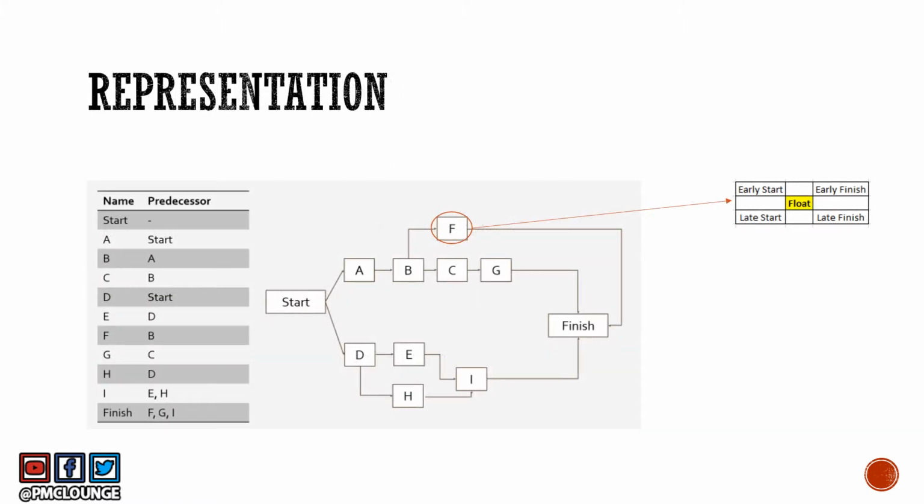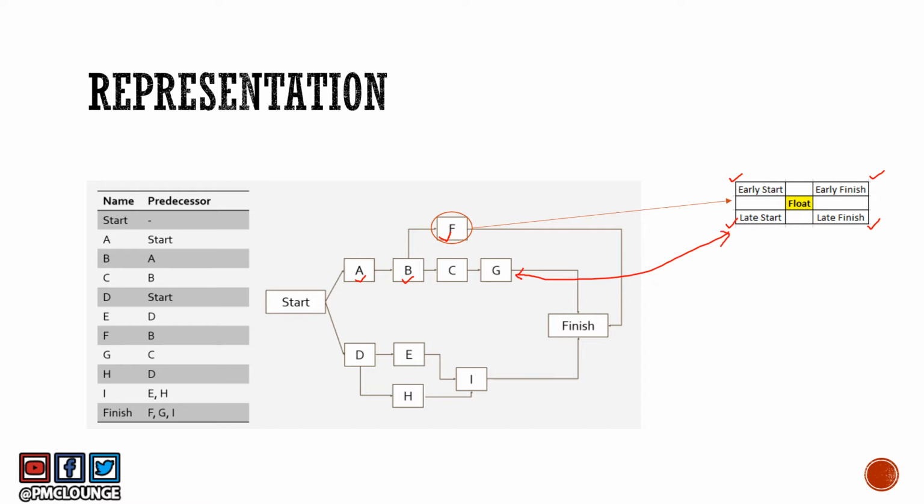Now, before we move further, I'd like to remind you about an important point. The boxes that you see here, the activities, activity F, A, B, when you are dealing with a question or a network diagram that has all the values of early start, early finish, it is going to be represented like this. It will have four numbers, and each of these boxes will be represented like this.